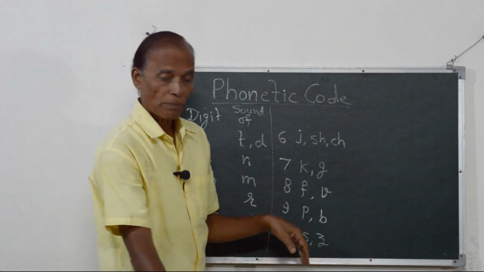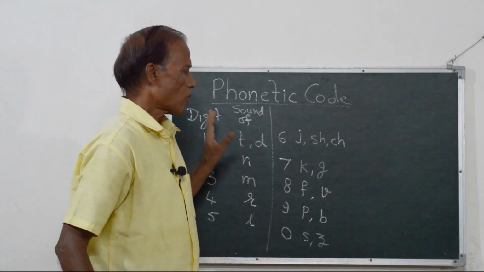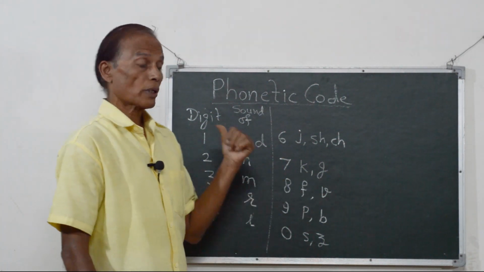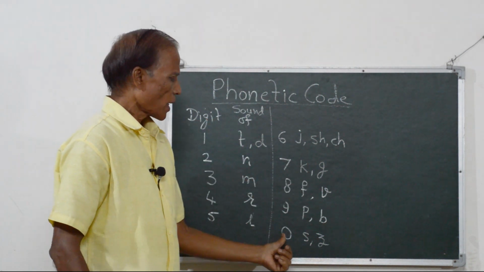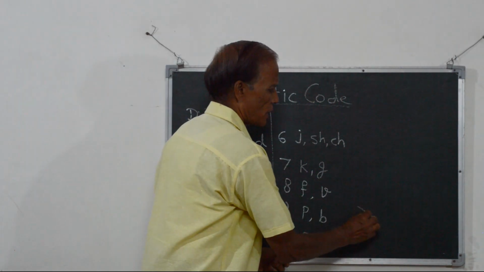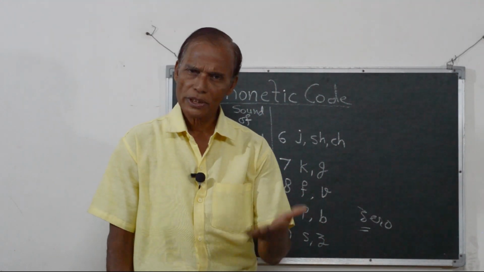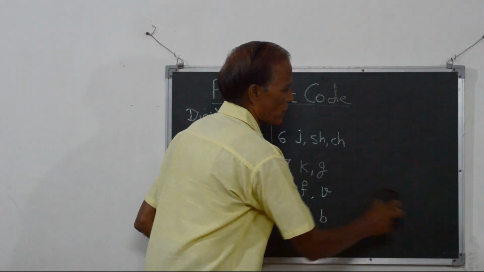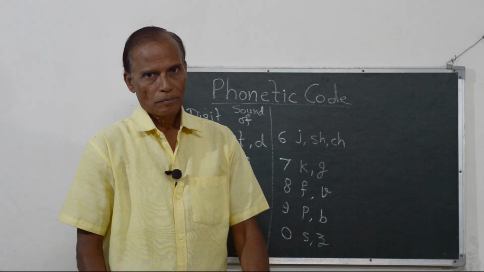If you use these memory aids, you can very easily memorize all these letters and their association to digits. Lastly, 0. This 0 starts with Z. So Z is used for 0. In this way, this will help you to remember these digits.